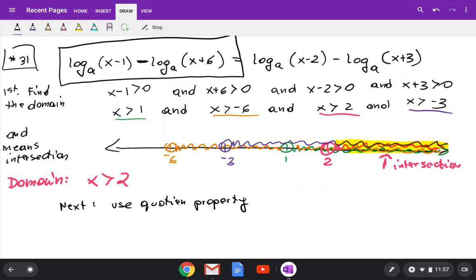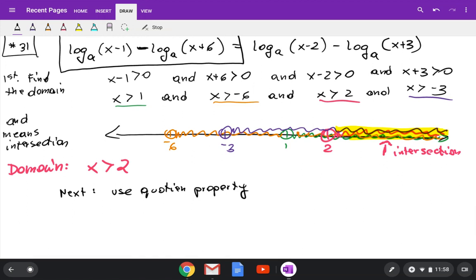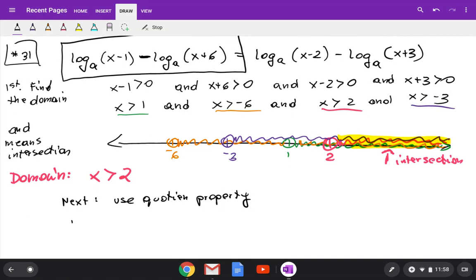You should have those properties in one place, hopefully on your index card. The difference of logs means the log of a quotient. So the left side I'm going to rewrite as logarithm of base a, and I'm taking the quotient, so it's going to be x minus 1 over x plus 6.